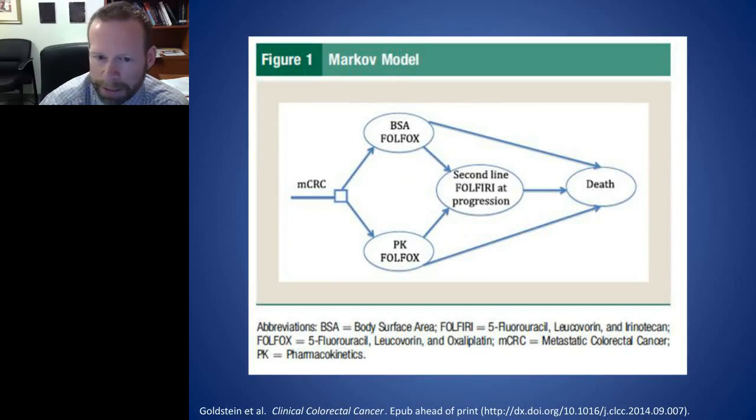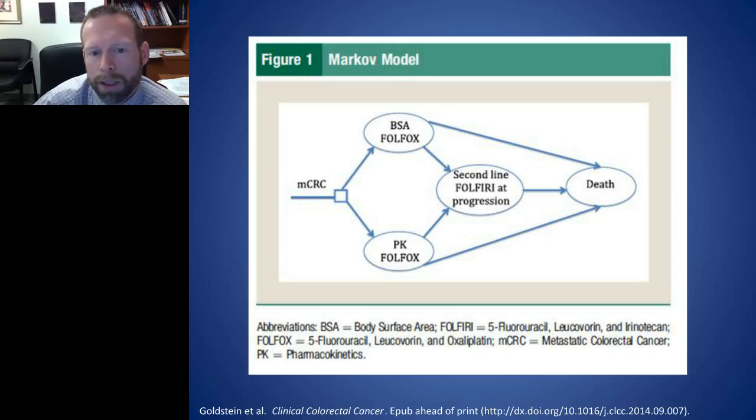The last study I wanted to show on 5-fluorouracil is a pharmacoeconomic study. So this is looking at cost effectiveness of pharmacokinetics. And so this is somebody doing modeling based on some of the data that I already showed and some other studies that were out there, where they're looking at body surface area guided relative to pharmacokinetically guided FOLFOX regimens in metastatic colorectal cancer.